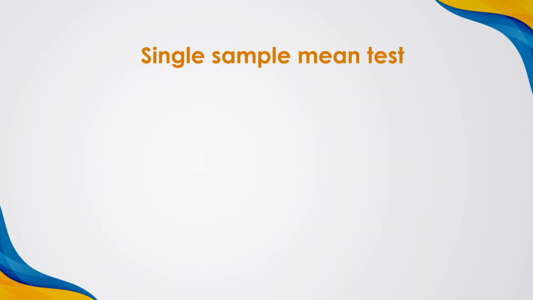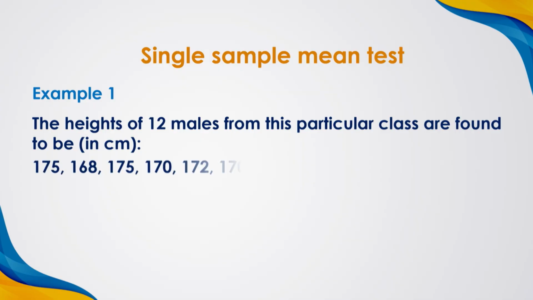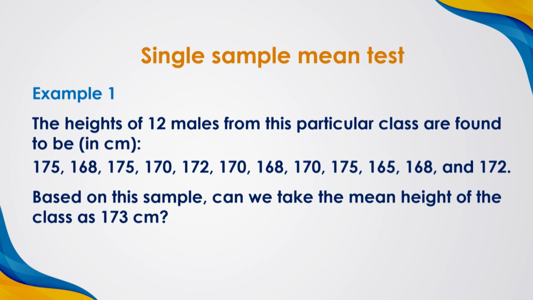Single sample mean test. Now, I will provide an example for the single sample mean test. Look at the problem. From a large population, we are selecting the heights of 12 males. Those values are given as 165, 168, etc., and finally 172.